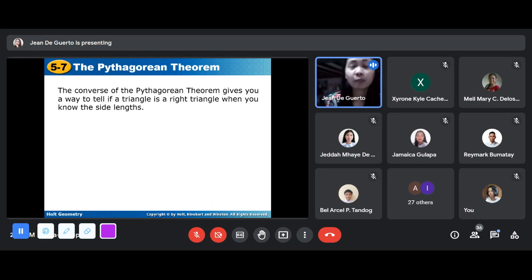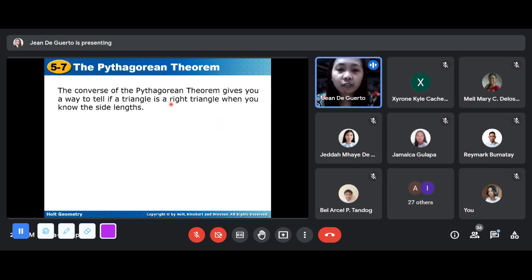Ito na yung sinasabi ko kanina na using the Pythagorean theorem, we can identify whether your triangle, if it is not a right triangle, is an acute triangle or an obtuse triangle.